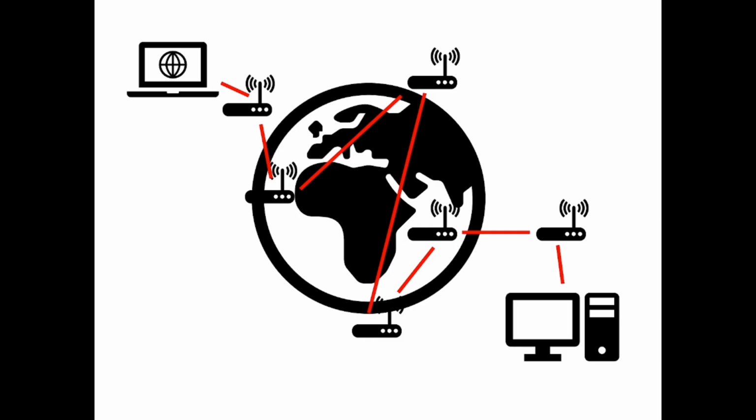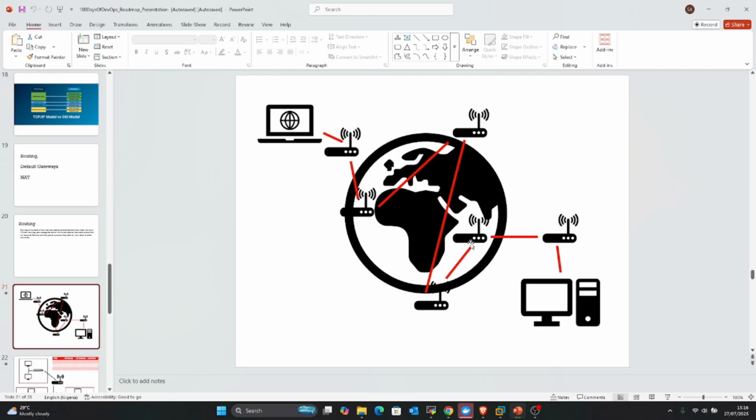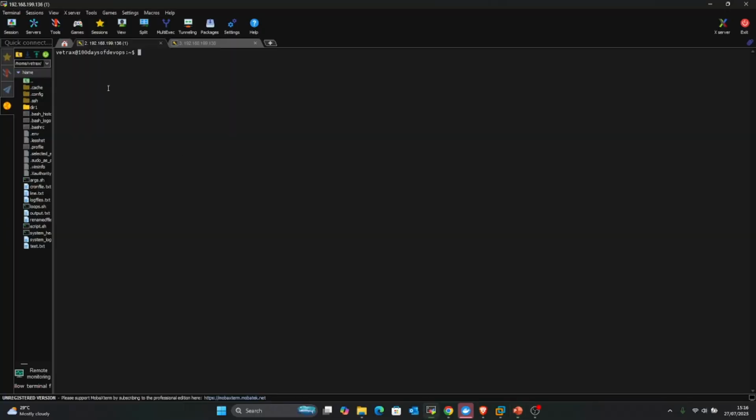You can check your router, or there's a command in Linux. Let's go to our terminal. To check the route through which your data leaves your computer, you can use the command ip route.